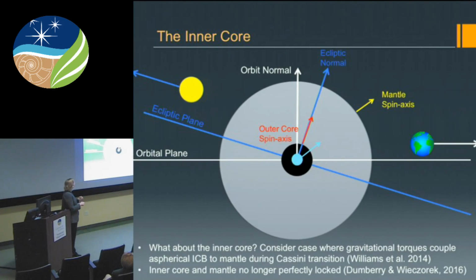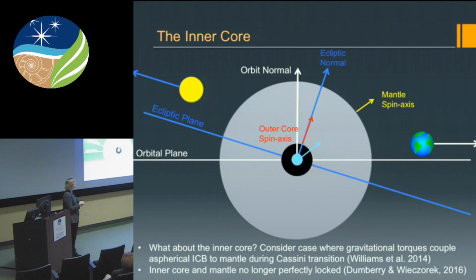We decided as a first case scenario to try the scenario where the inner core would be gravitationally locked to the mantle. And so whatever the mantle is doing, the inner core is going to do. This is a simplifying scenario, but it's probably not a bad one. There has been some recent work looking at whether or not the inner core should really be locked to the mantle. It turns out to be a little more complicated than just the magnitudes of the different forcings.